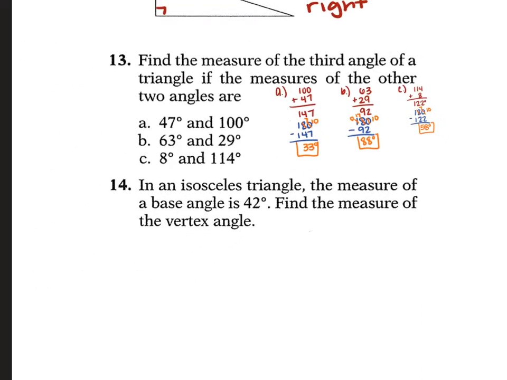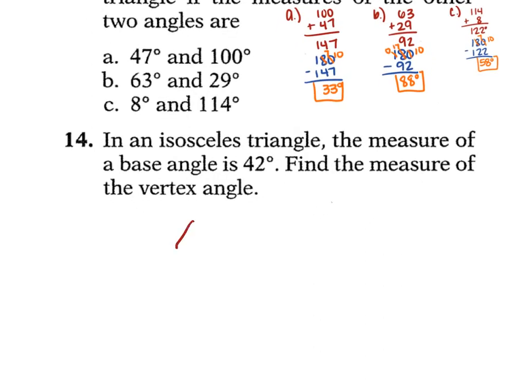For 14, it says in an isosceles triangle, the measure of a base angle is 42 degrees. Find the measure of the vertex angle. So you have an isosceles triangle. This would be 42 degrees, which also means that this is 42 degrees.